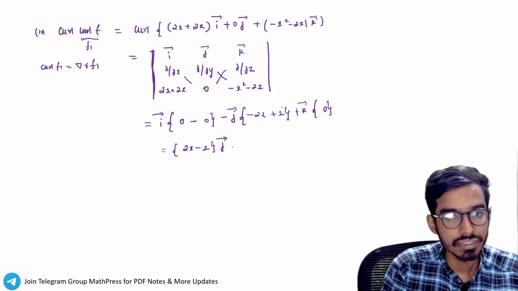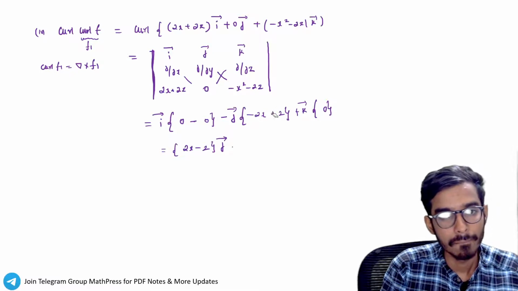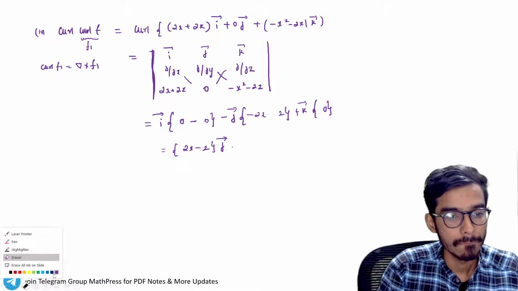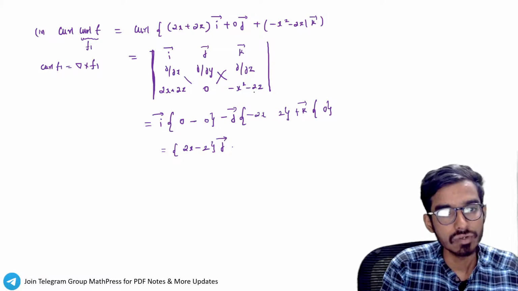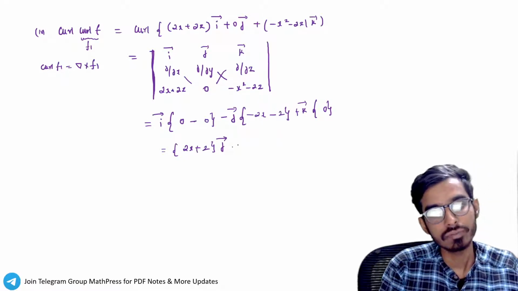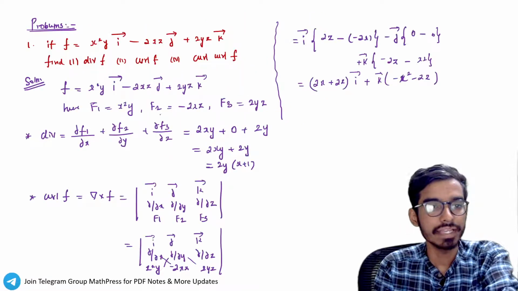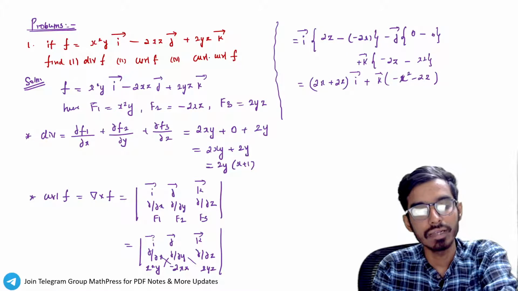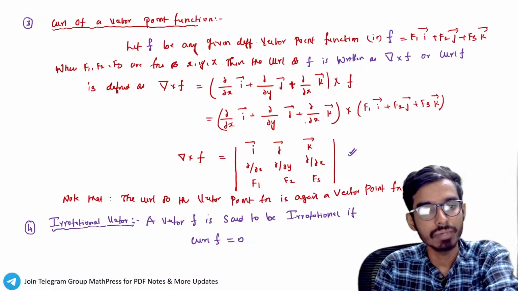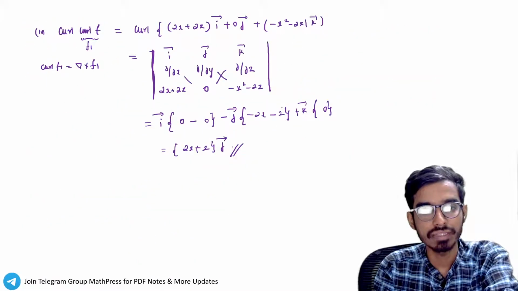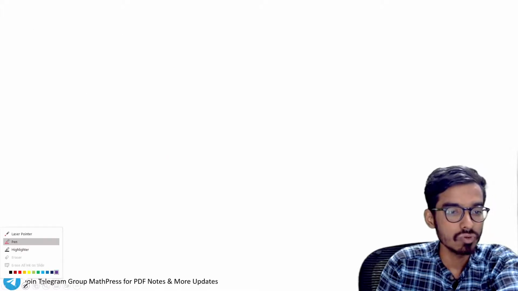Here we have minus, because this into this minus this into this. So 2x plus 2 j vector is the curl of curl f, right? It's a very simple problem. They have given f, they asked us to find the divergence and curl of f. You just have to remember these 4 definitions and then apply the result. That's it. So we'll move on to problem number 2.